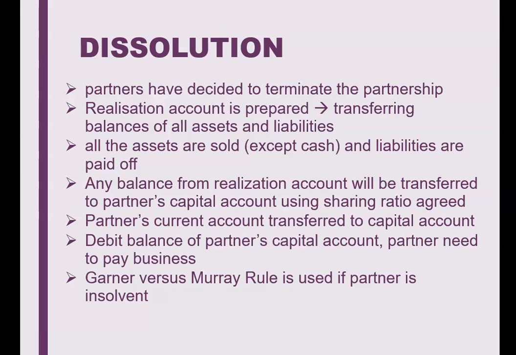This is a law precedent case, whereby in the Garner versus Murray rule, the other partners need to contribute more, sharing the insufficient money to pay the debt to the third party.